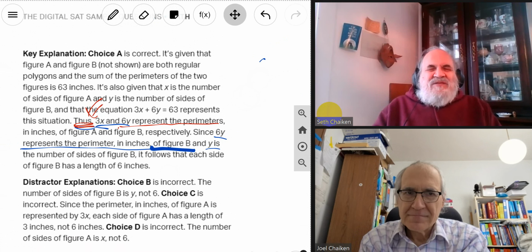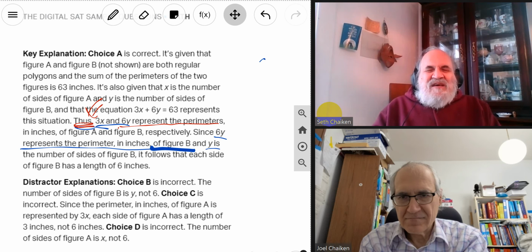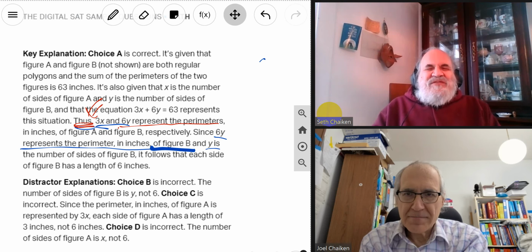So I take that to mean that the situation is what it says: the perimeters are added, getting a total of 63. The equation has two terms that are added, whose total is 63.